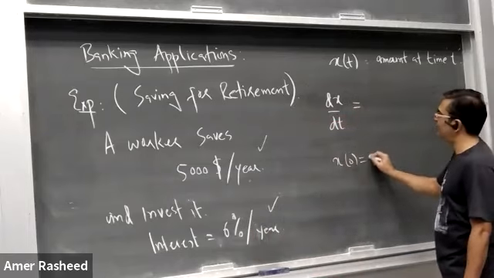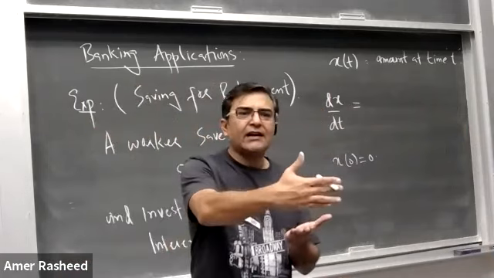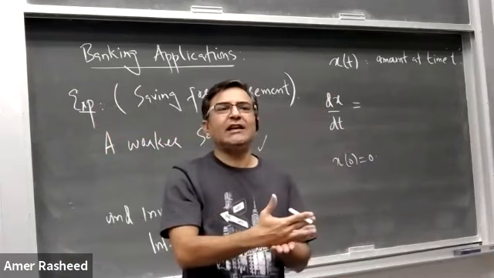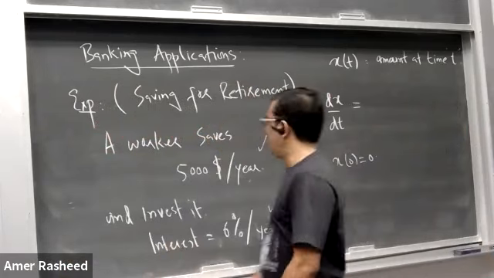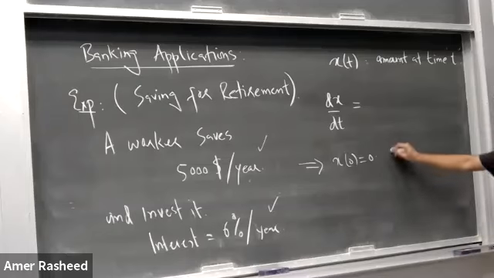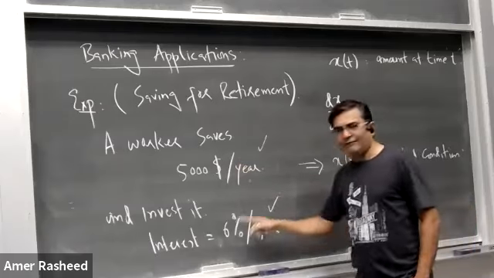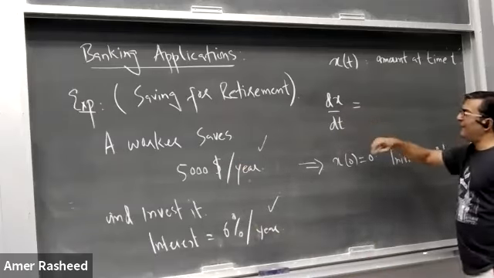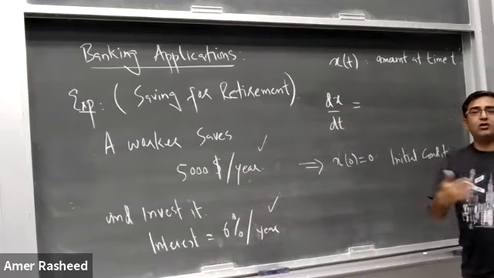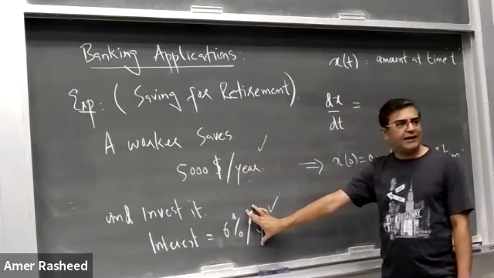Obviously, initially he has no amount, no savings. When he starts the job, after 1 year he'll save 5,000. Initially he will have zero amount, so that is an obvious initial condition. This is your initial condition. Now this is every year and this is every year. So dx by dt depends on factors which change every year.